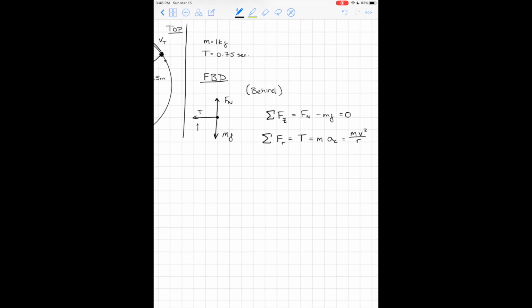In this case, and I want to stress this point, there's no such thing as a centripetal force. What we're saying, though, is that any force could be providing the necessary centripetal acceleration to keep things in a circle. So the force that provides that is not really special by any means inherently.